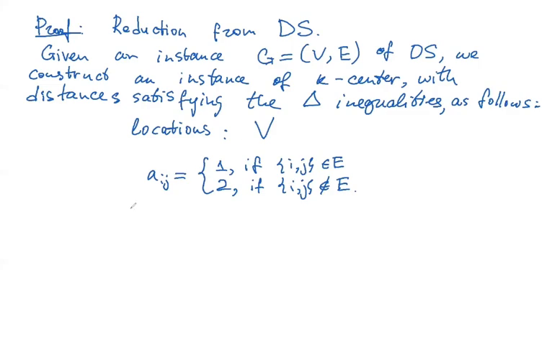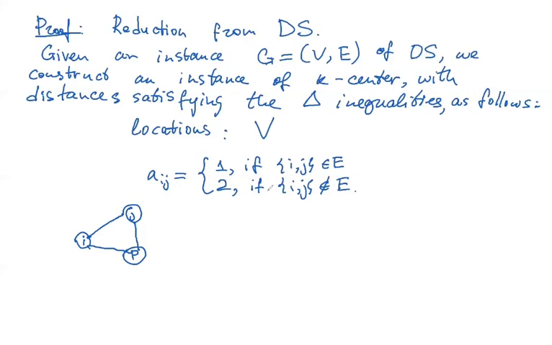Because if I consider any 3 vertices, let's say i, j, p, then for each 3 of these, depending on whether these locations were connected by an edge in the original graph G, each distance is going to be either 1 or 2, right?